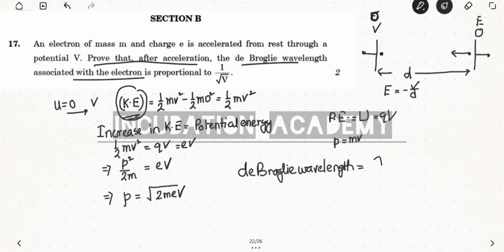So lambda equals h by p. Wavelength is the wave property, p is the particle property.